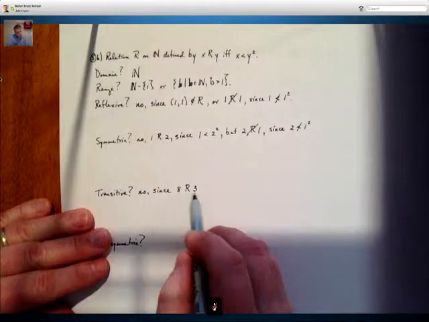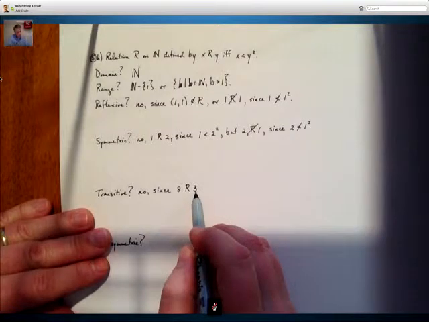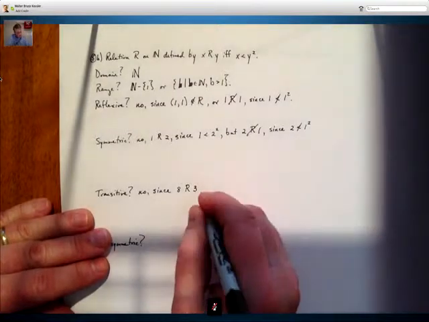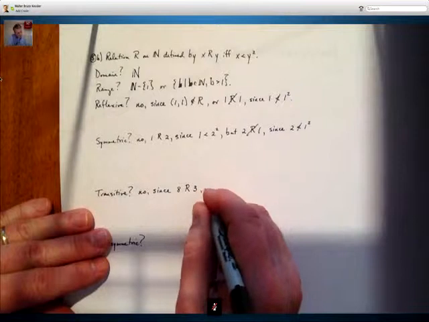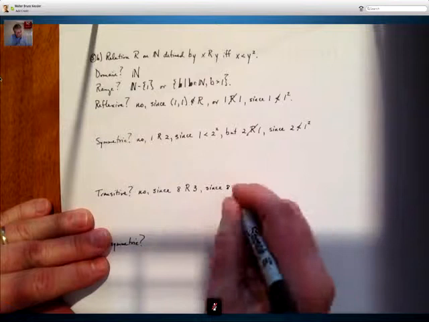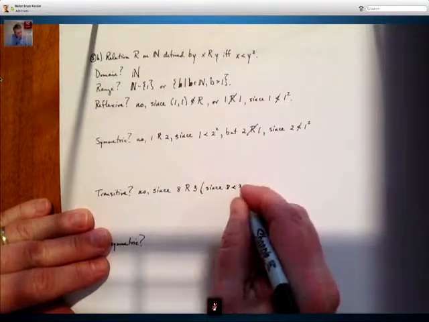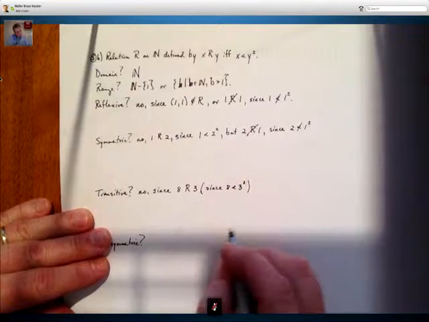Okay, and I'm taking something that's very big here against something that's just barely big enough for 8 to be less than the square. This is true since 8 is less than 3 squared, which is 9.